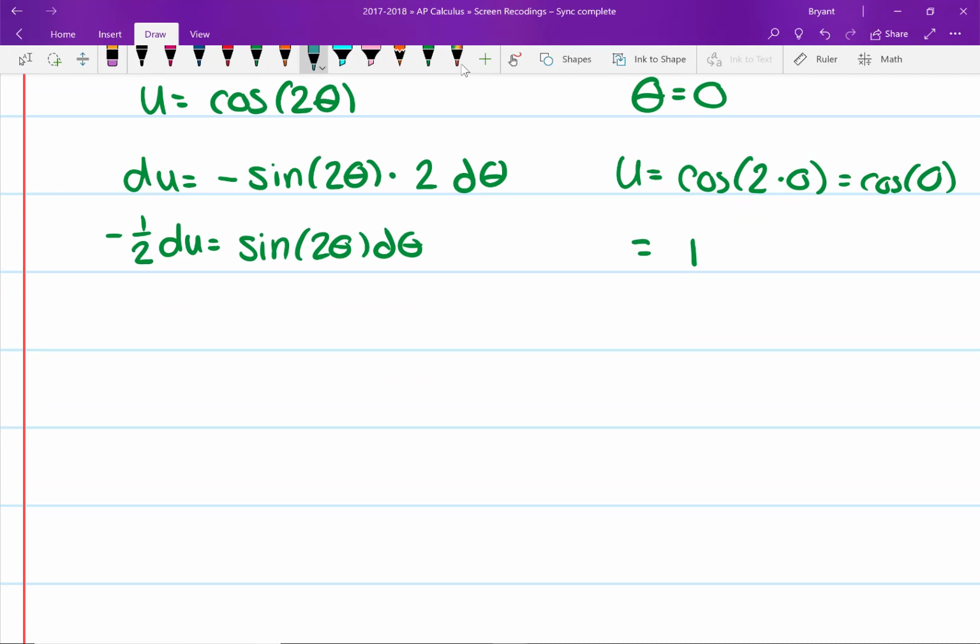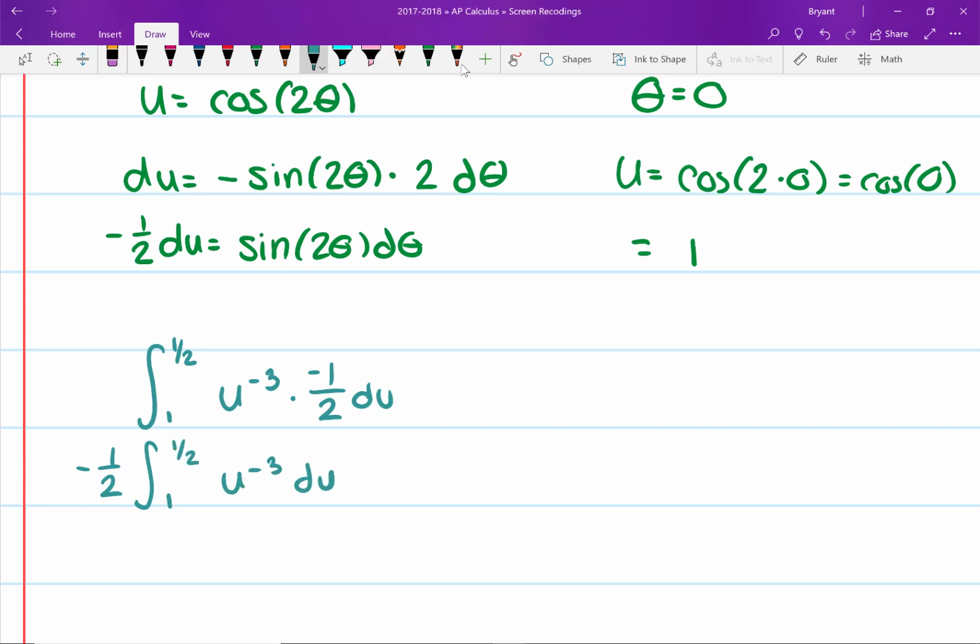Alright, now let's do our u-sub. We're going to get this as the integral from 1 to 1/2 of u to the negative 3 times negative 1/2 du. So this is the integral of negative 1/2 from 1 to 1/2 u to the negative 3 du.